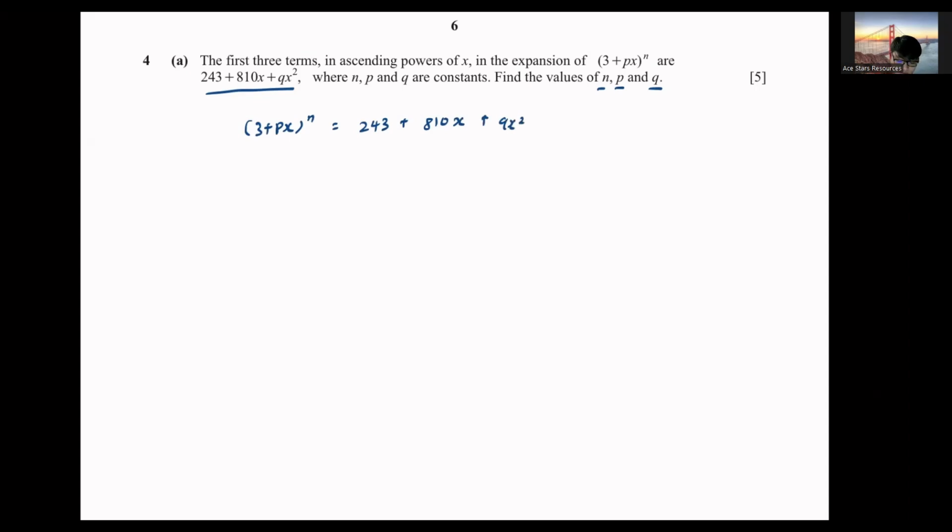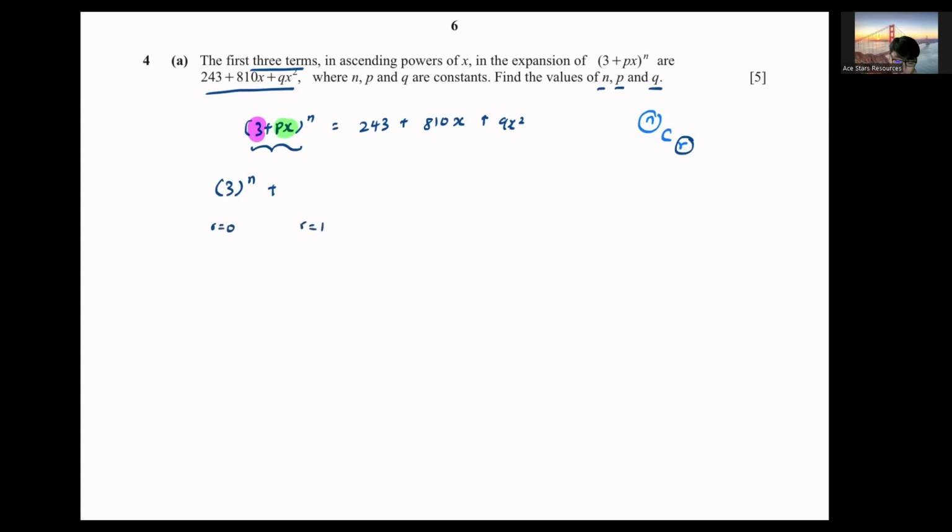Given the first three terms, you have to attempt to expand this up to the first three terms. So that will be 3 to the power of n plus, okay, the formula: focus on the first digit here, the 3, and focus on the px, and the maximum power is n. Remember the nCr. n is the maximum power, while r is the number of terms, so r will always start from 0.